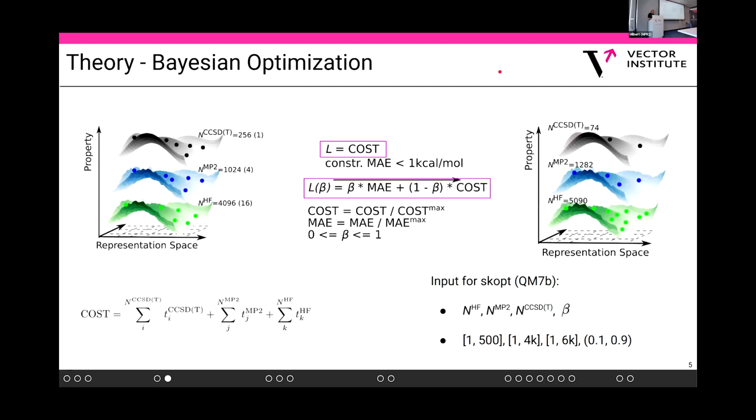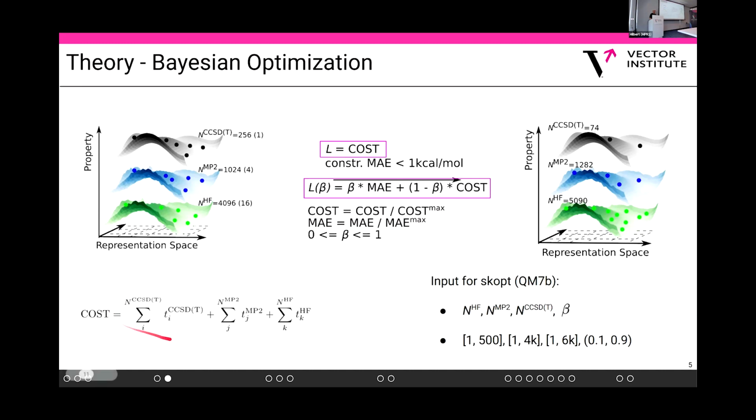And now I use Bayesian optimization to optimize the training set sizes. So here on the left, you see the original work from Peter Tussell, the training set size of coupled cluster, MP2, Hartree-Fock. They have heuristic ratios 1, 4, 16, and those were also the input for our Bayesian optimization. I have two cost functions. One is just the cost.